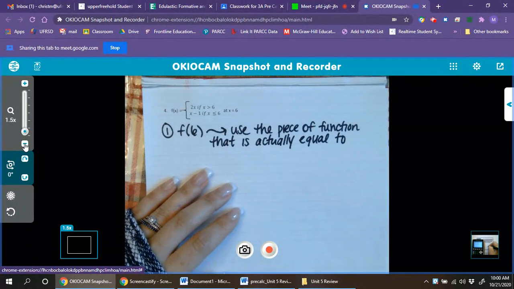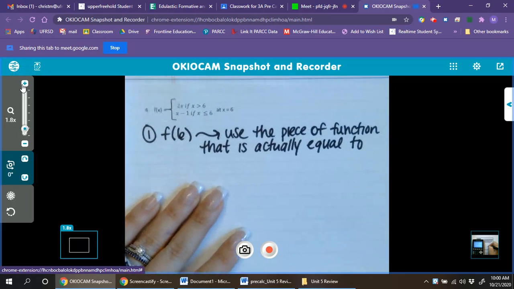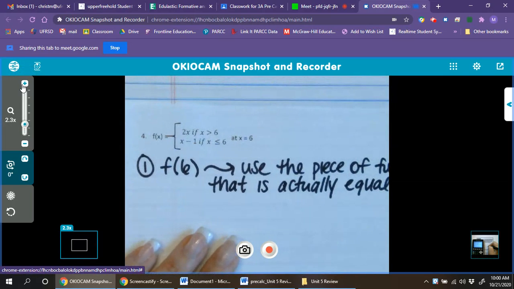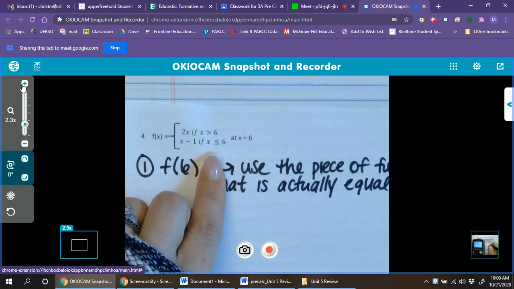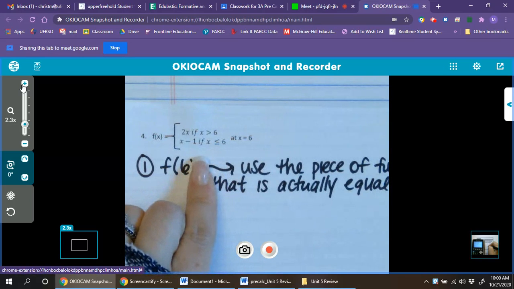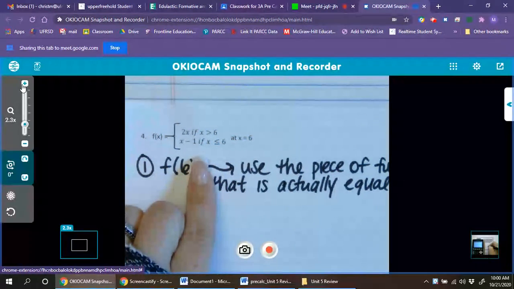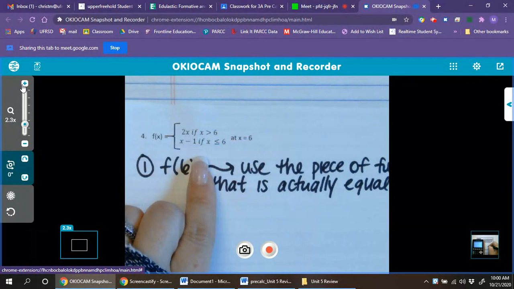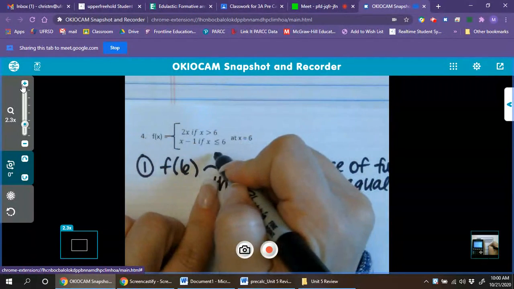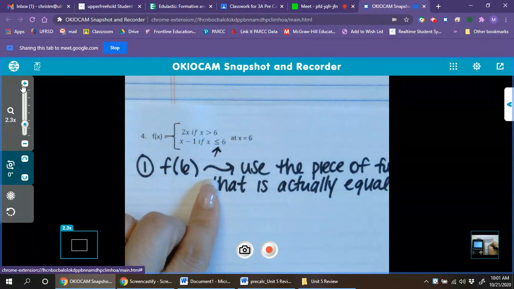So I'm going to zoom in here on the function for just a second. So which piece here indicates that it's actually equal to 6? The bottom one? Yeah, the bottom one. Look, it says less than or equal to 6.